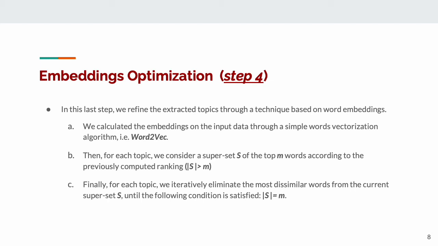Then, for each topic, we consider a superset S of the top M words that we want to consider. S and M are two integer hyperparameters. Finally, for each topic, in an iterative way, we eliminated the most discordant words from the current superset S until we get exactly M words.